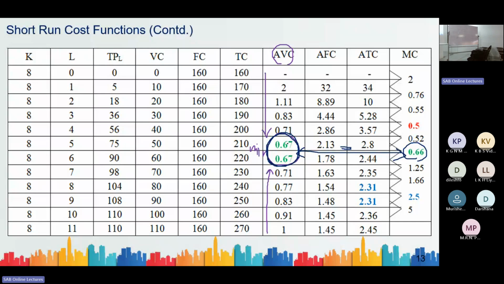When average variable cost is minimum, average variable cost and marginal cost values are the same. That means the marginal cost curve passes through the minimum point of average variable cost.